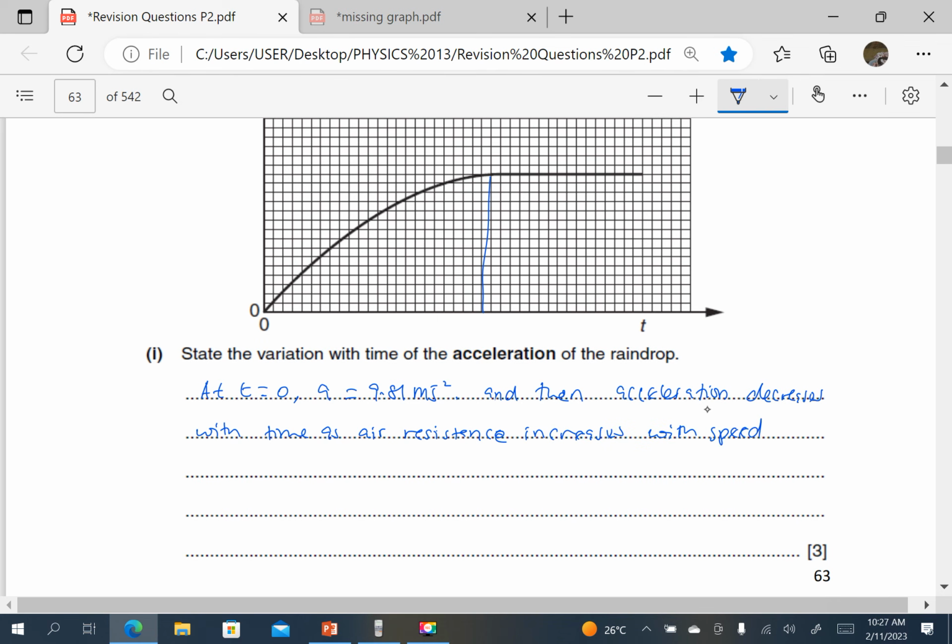Remember, the weight is constant, but air resistance increases with the speed. When the speed increases, air resistance is increasing. So it means the acceleration decreases because the resultant force decreases.